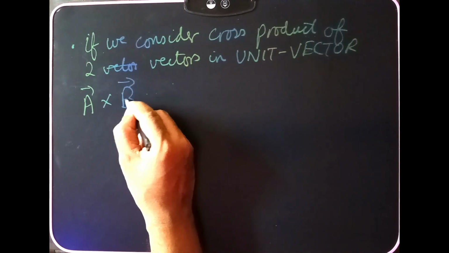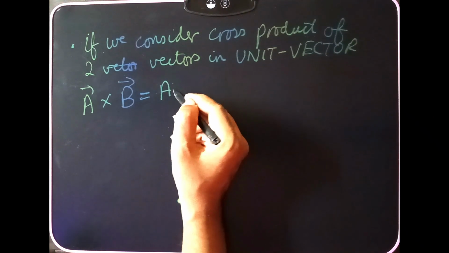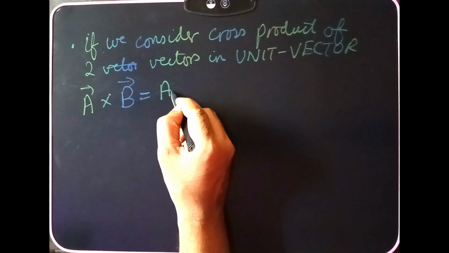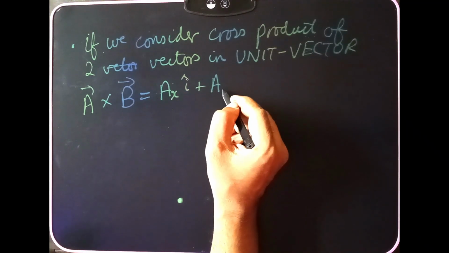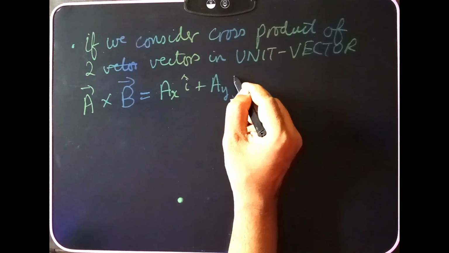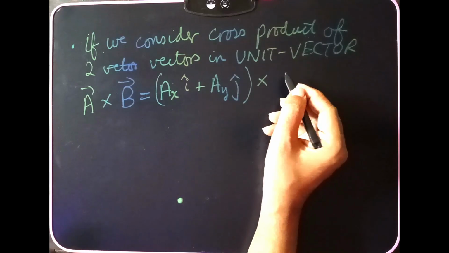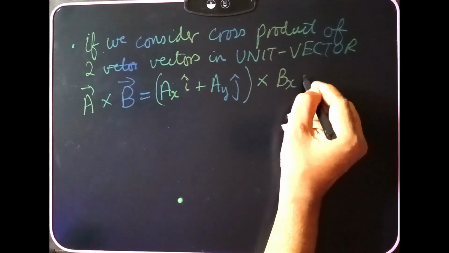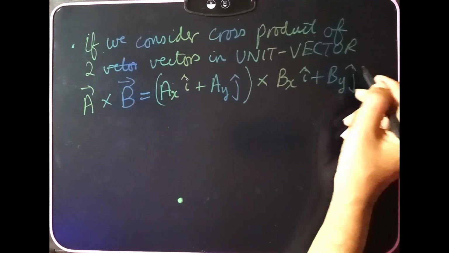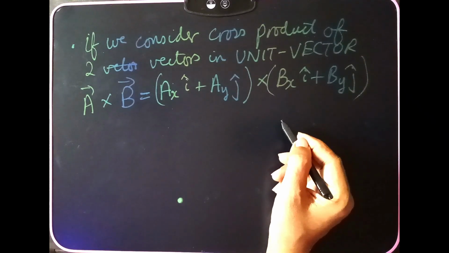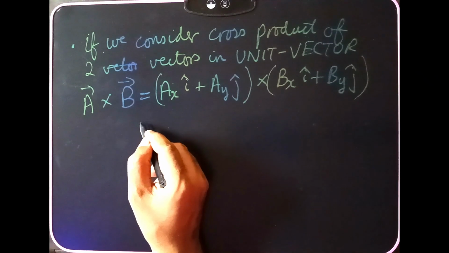If you remember, we have to take the projections this time. A cross B can be written as Ax i cap plus Ay j cap, cross Bx i cap plus By j cap. Okay. So then we can do the cross multiplication.